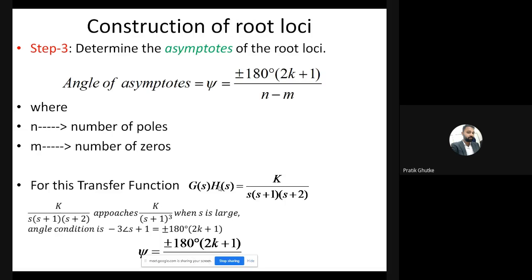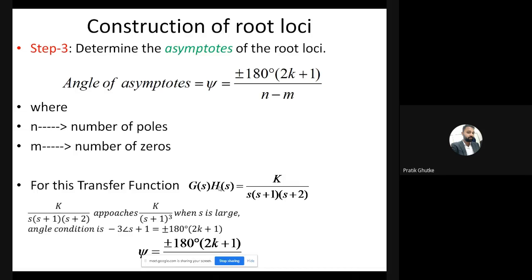For example, the transfer function is G(s)H(s) equals K divided by s times (s plus 1) times (s plus 2). Now tell me, there are 3 poles and no zeros available. So how many angles of asymptote will there be? There will be 3 angles of asymptotes.